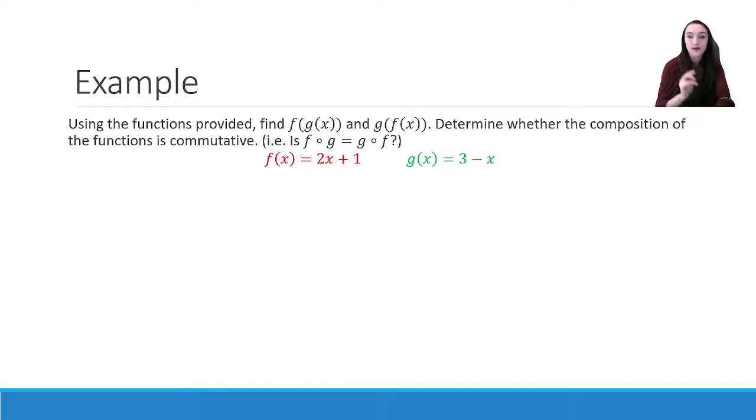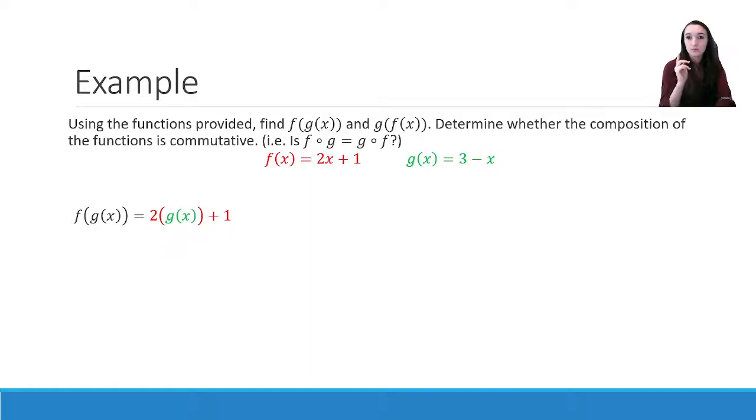That means x is replaced with g of x. So in other words, we get 2 times g of x plus 1, which, if you remember our transformations, you should know what that looks like. It would be taking g of x and then doing a vertical stretch and then a vertical shift of 1. So you might be able to graph this even easier now. Transformations are all about composition.